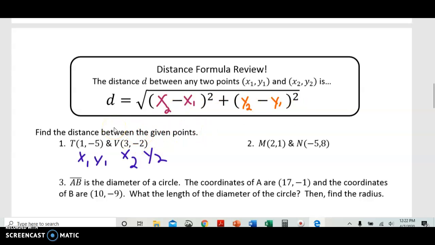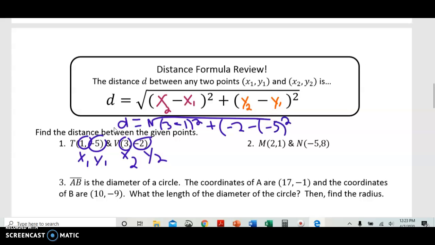So in number 1, our particular distance between those 2 points is going to be the square root of x2, which we saw right here is 3, minus x1, which is 1, that quantity squared, plus the quantity y2, which is -2, minus y1, which is -5. So we're going to minus a -5 there.